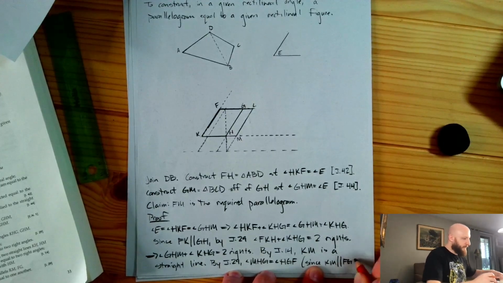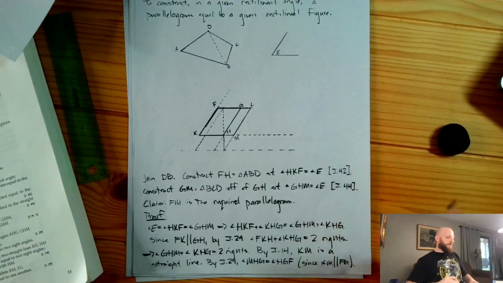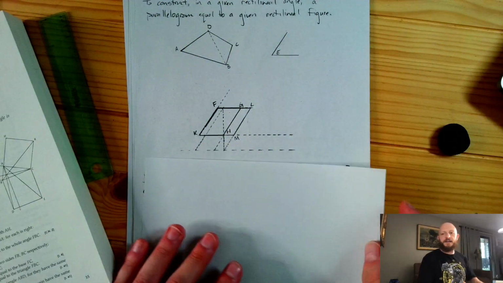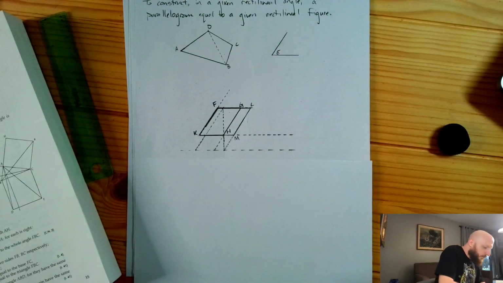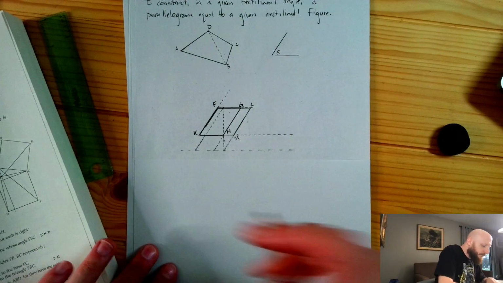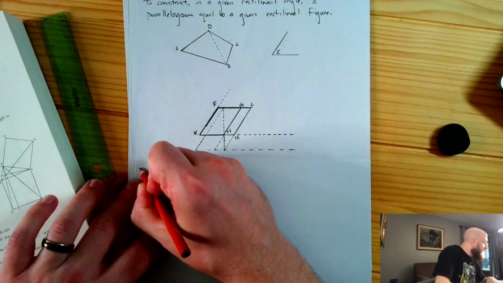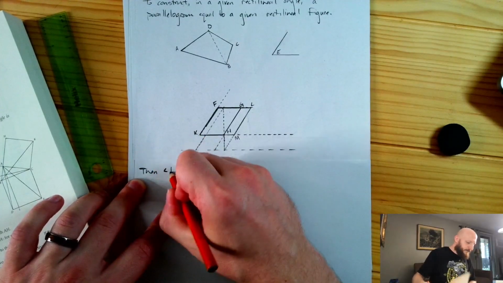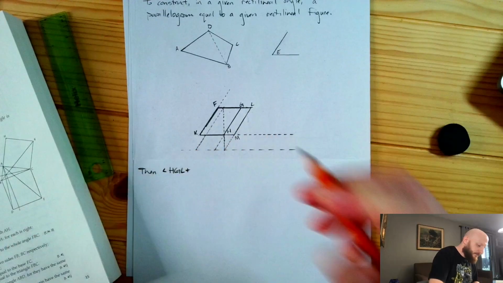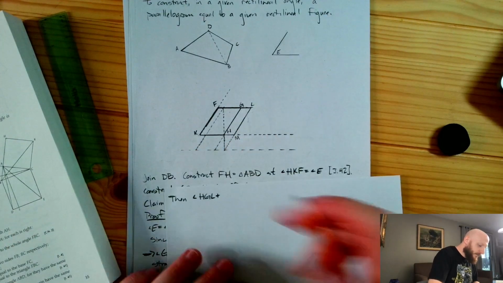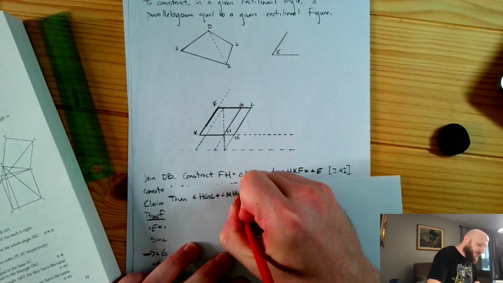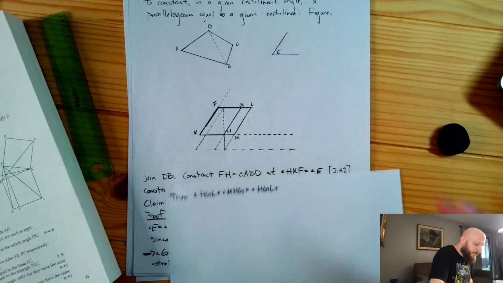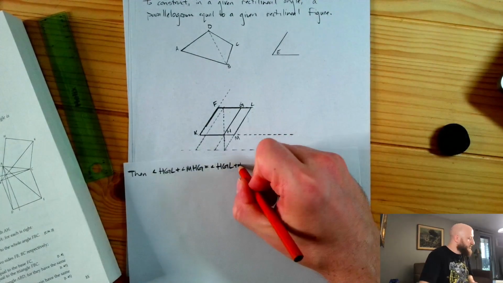Well, what next? He says, let the angle HGL be added to each. So then angle HGL plus MHG is equal to HGL plus angle HGF.